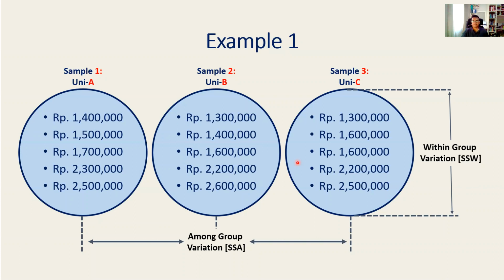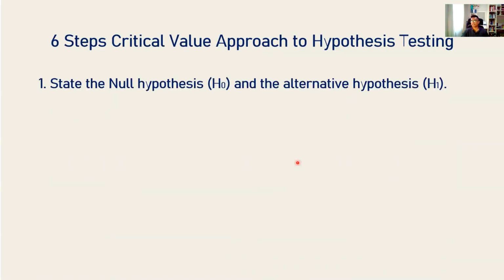In operationalizing the ANOVA, we can also apply the 6 steps critical value approach in hypothesis testing. The first step is stating the null hypothesis and the alternative hypothesis. For the null hypothesis, all the mean values of the average monthly spending are similar in universities A, B, and C, or universities 1, 2, and 3.